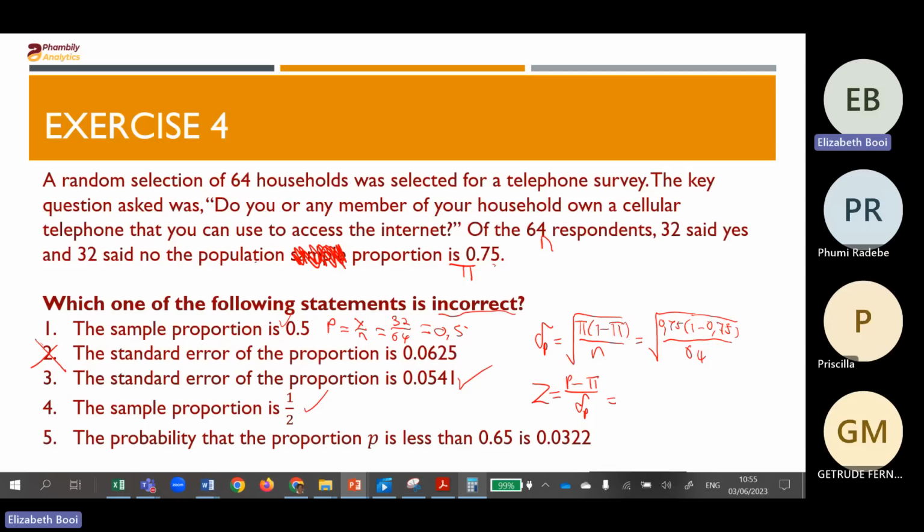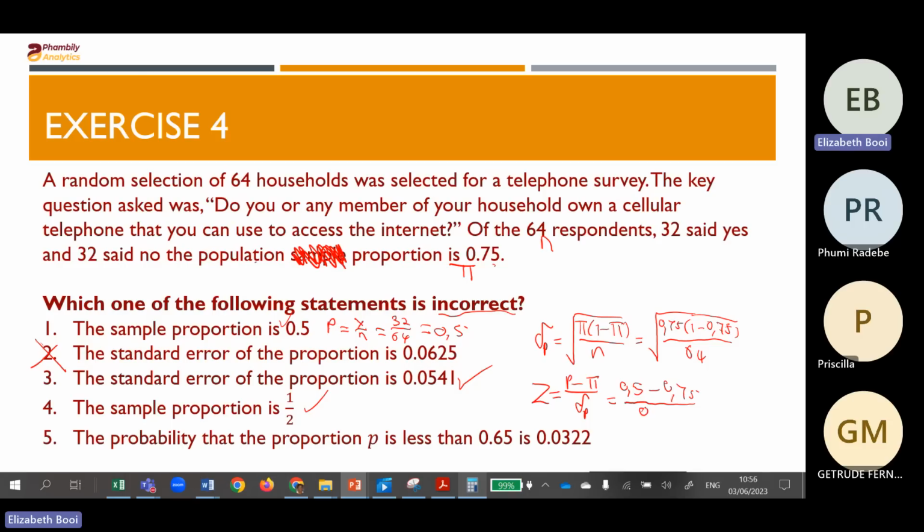I'm not going to write the entire formula. Our P, we said it's 0.5, minus our population proportion of 0.75, divide by the standard error.